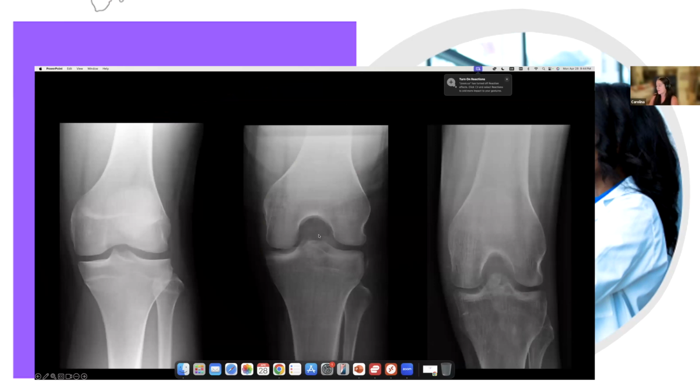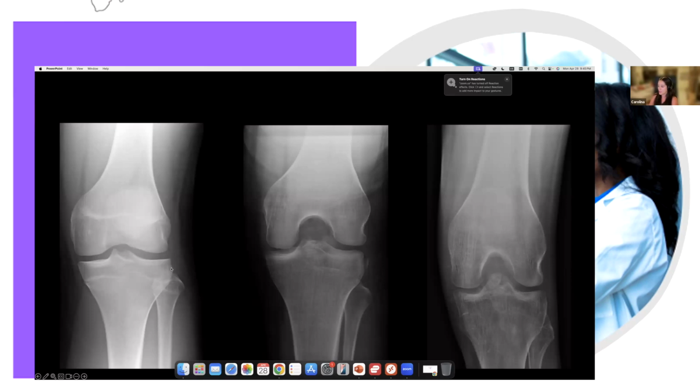In this case, we have these fragments in the intercondylar notch, which we usually see with lesions of the PCL.